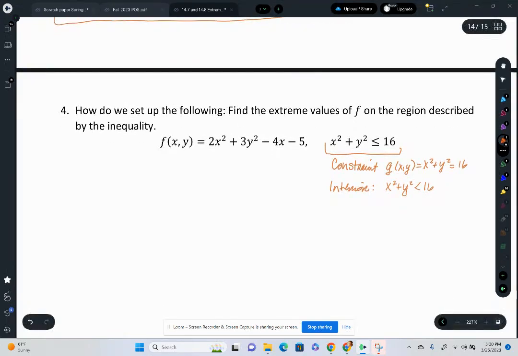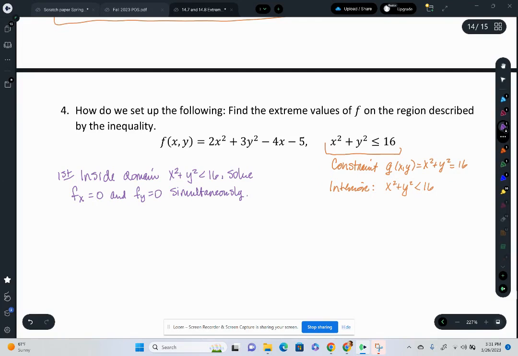Okay, so that's exactly what we're going to do. First, inside the domain of x squared plus y squared less than 16, solve f sub x equals 0 and f sub y equals 0 simultaneously.